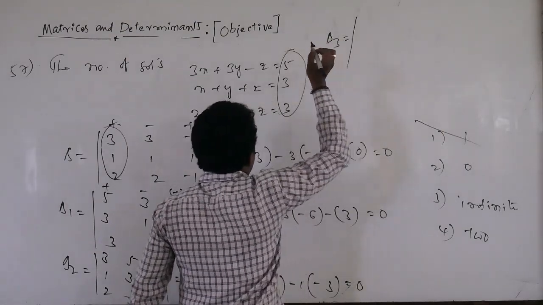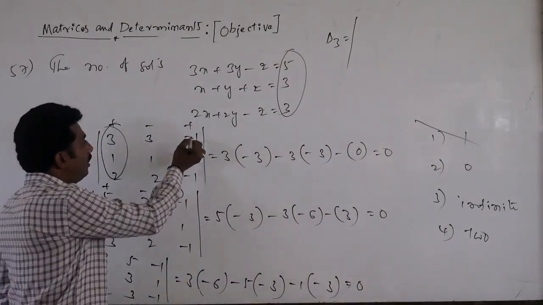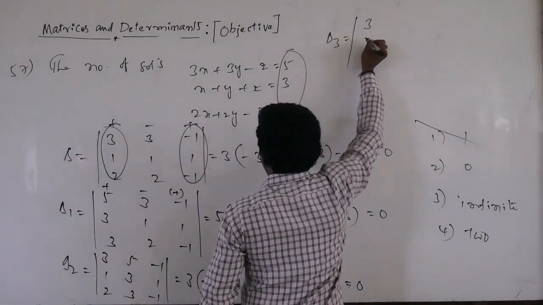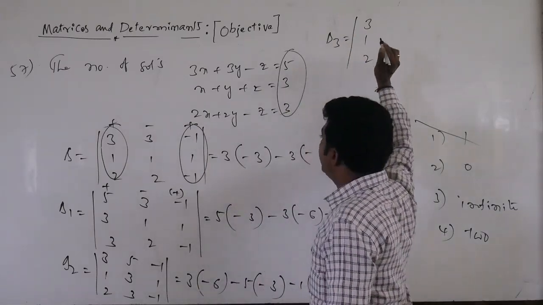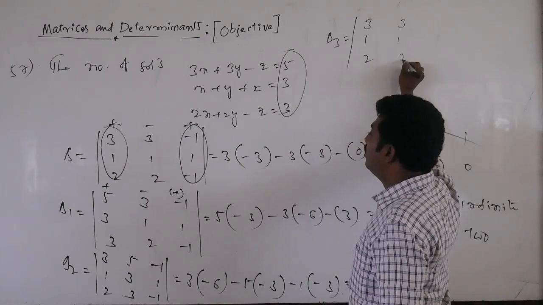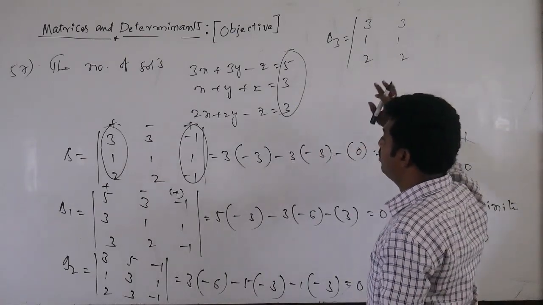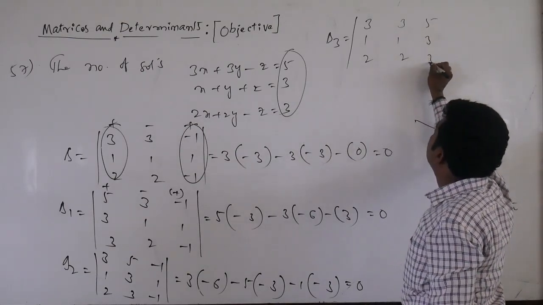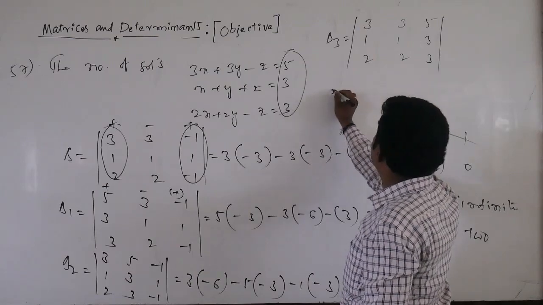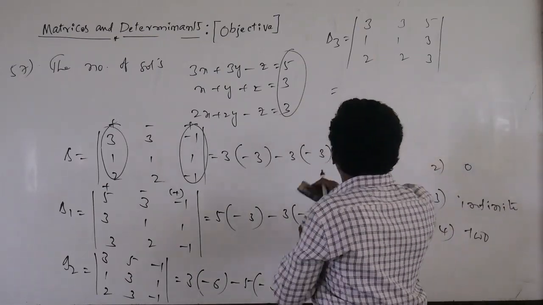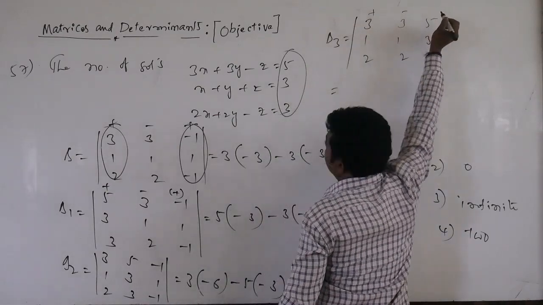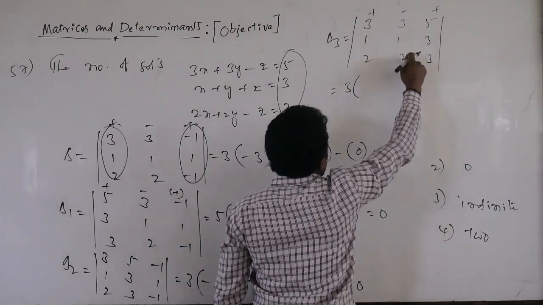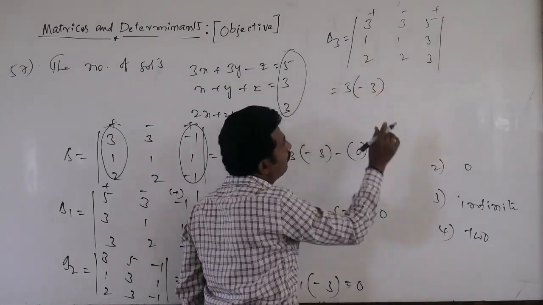How do we take delta 3? In delta, all the third column elements are replaced by constants. No changes in the first column, 3, 1, 2, and the second column, 3, 1, 2. The third column is 5, 3, 3. If you simplify: plus 3 into 3 minus 6, which is minus 3.